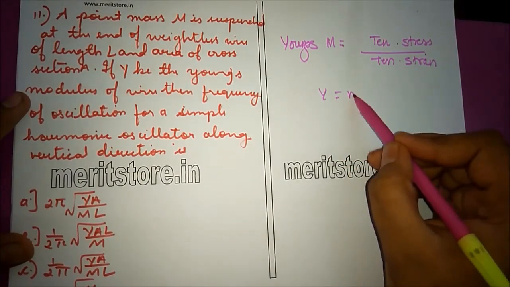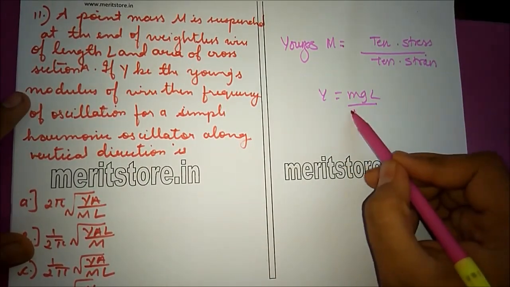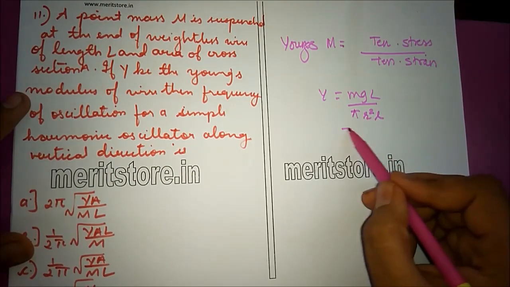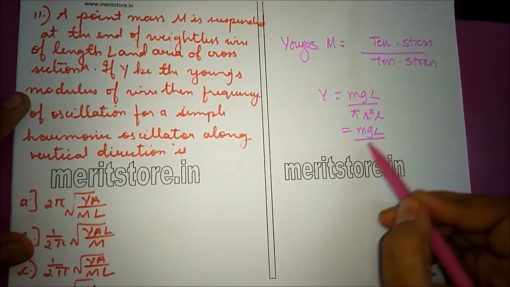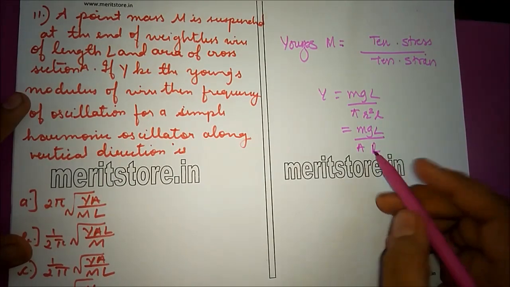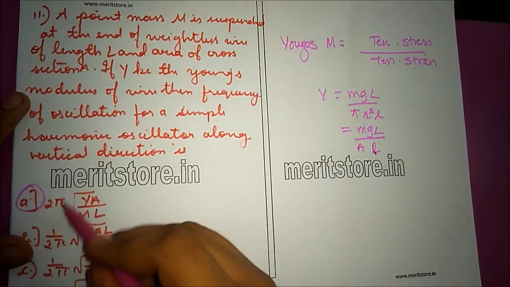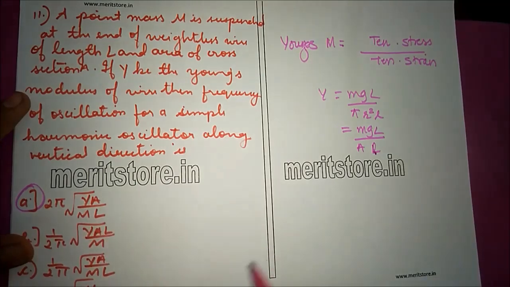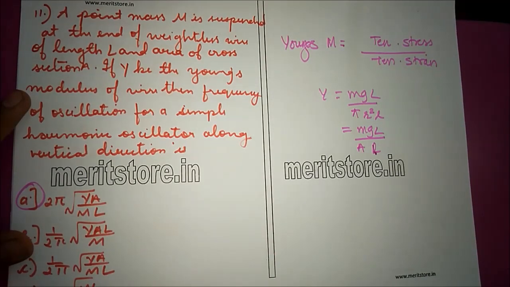Y is equal to mgL upon AL. So option A, 2 pi square root of YA by ML is the correct answer.